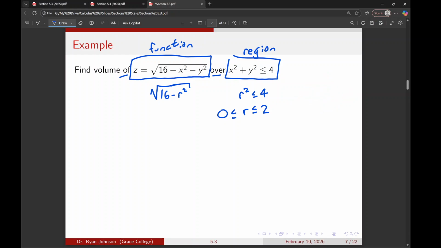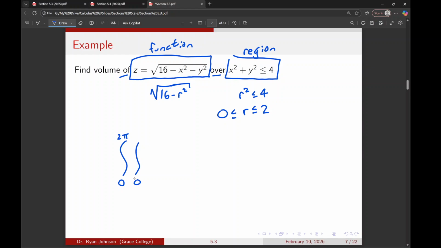Notice theta is free, so our integral for theta ends up being 0 to 2 pi. Anytime theta is free, it's 0 to 2 pi. There'll be some special cases of that, and we'll deal with that towards the end of this lesson. But most of the time, if theta is not mentioned, it's 0 to 2 pi.